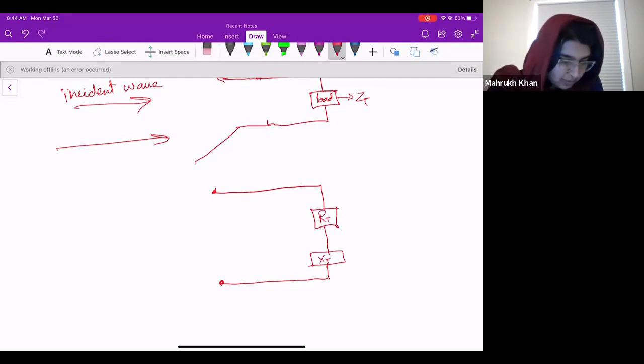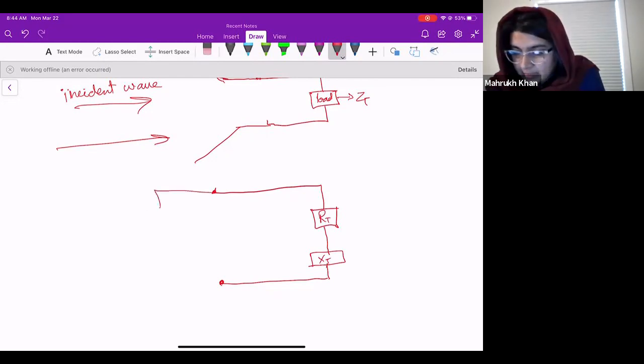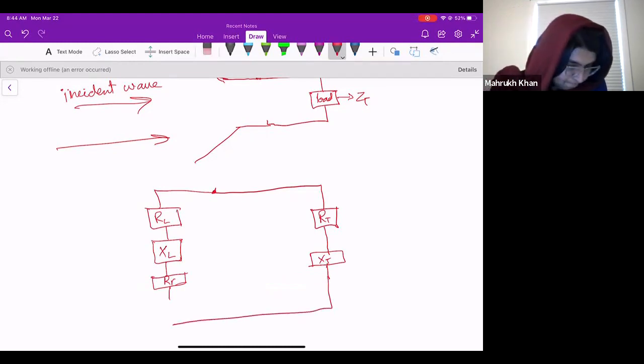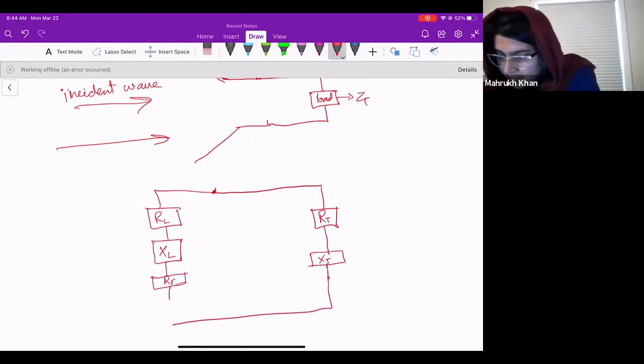And then all the others remain the same, that is RL, XL, RR, and XA, the total antenna reactance.